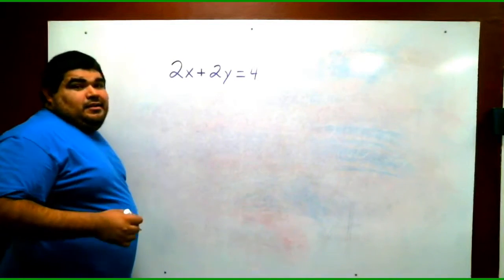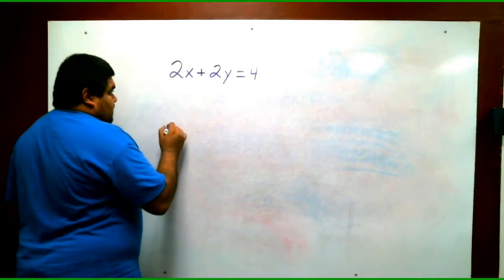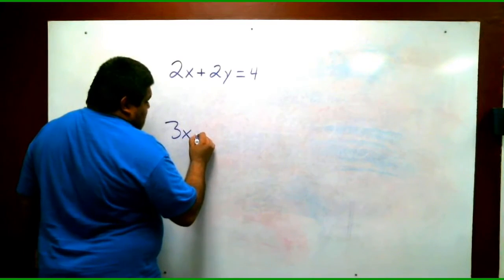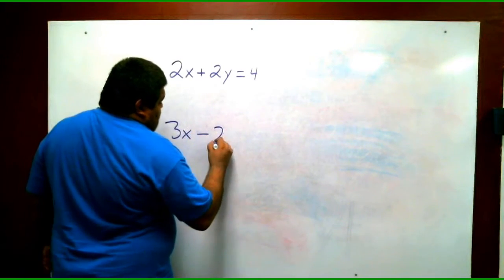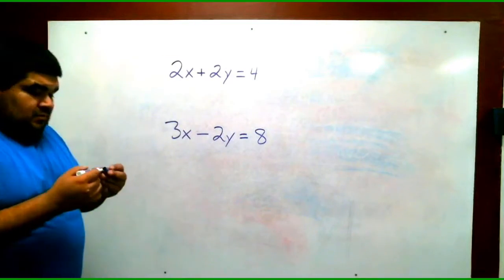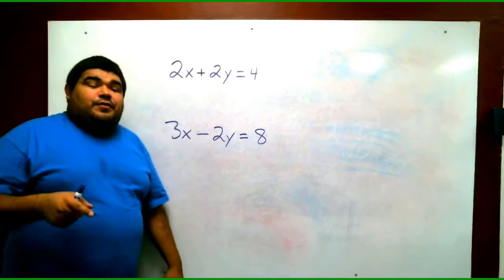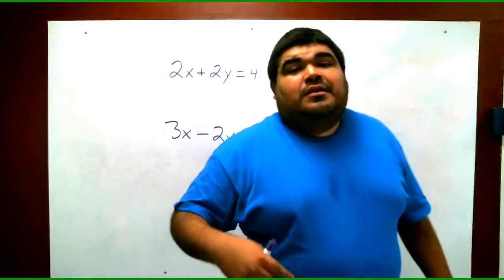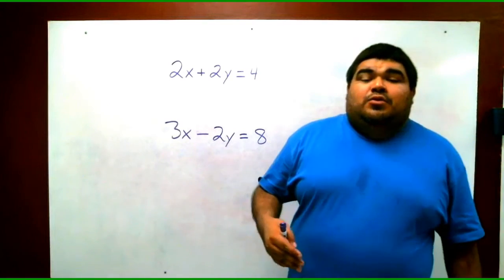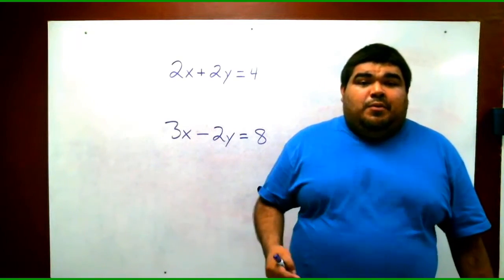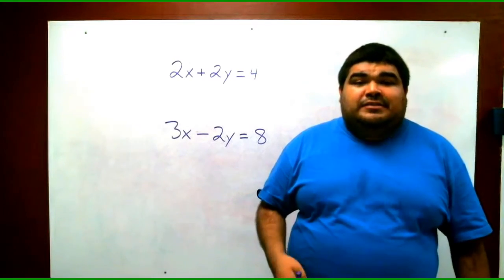And then your second one is 3x minus 2y equals 8. Okay? Make sure you solve for them first. Put them in slope-intercept formula. Label it, a little bit of elevator walk. Make sure you graph it, and then you shade it.